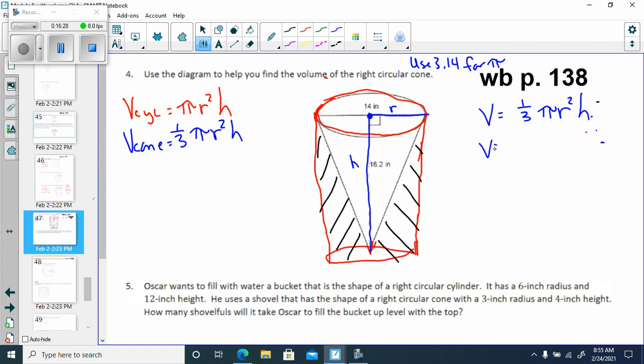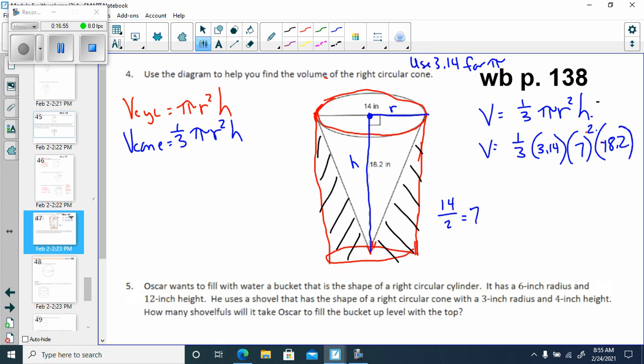So your volume would be 1/3 times, let's substitute 3.14 in for pi. This is my diameter, right? So I would divide my diameter by 2 to get my radius. That would be 7. My radius is 7, so we're going to substitute 7 in place of radius. And my height here is 18.2.